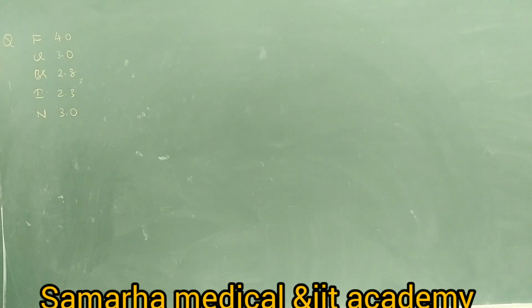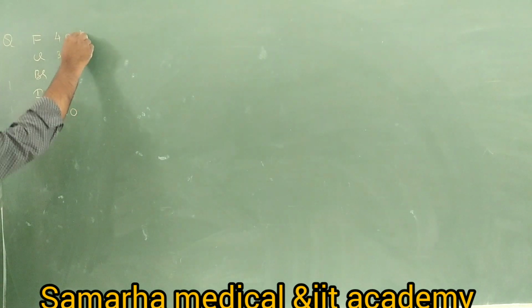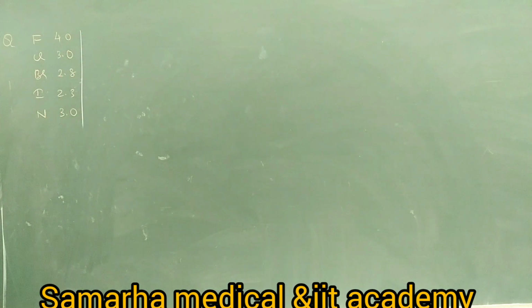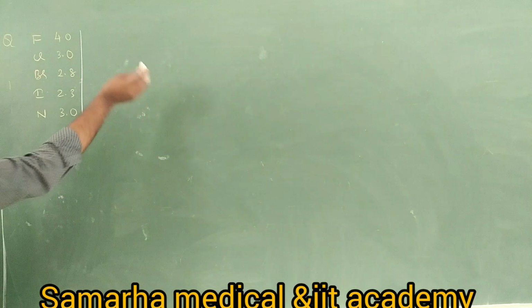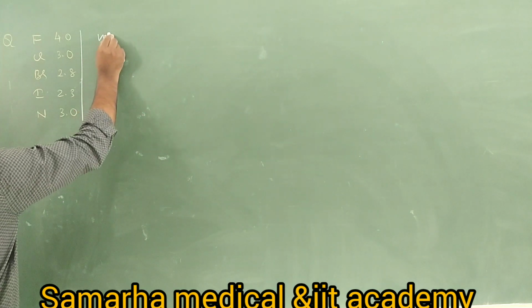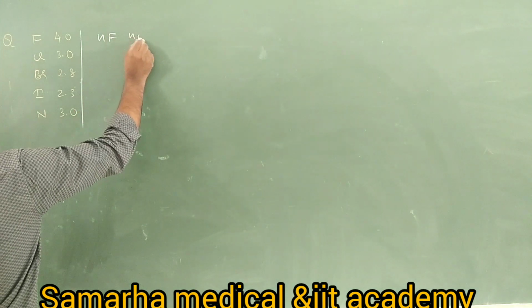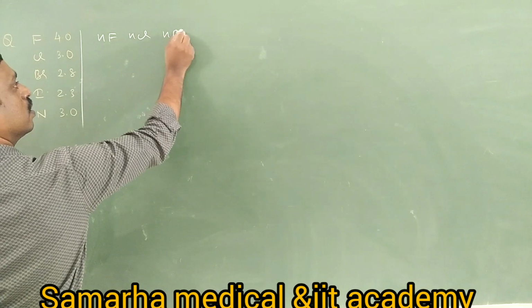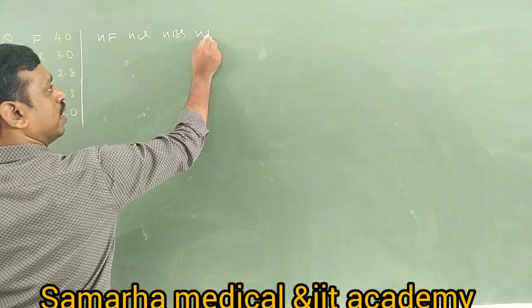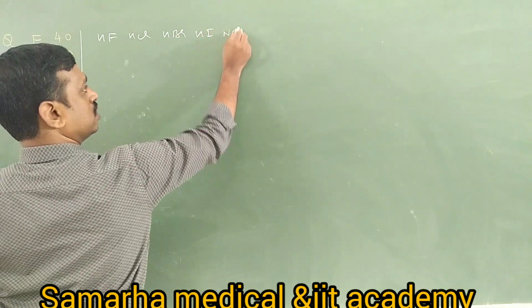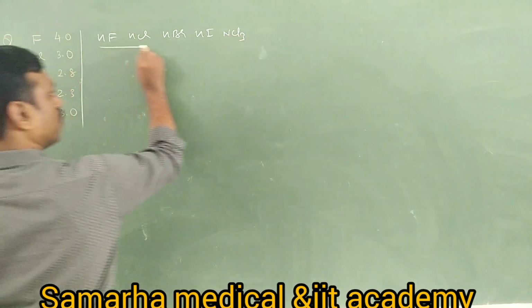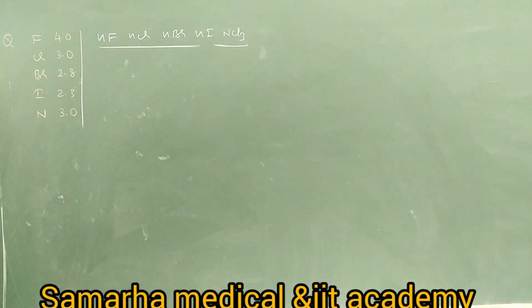Arrange the following compounds in the decreasing order of their stability: HF, HCl, HBr, HI, NCl3. These are the following compounds. Arrange them in the decreasing order of stability.